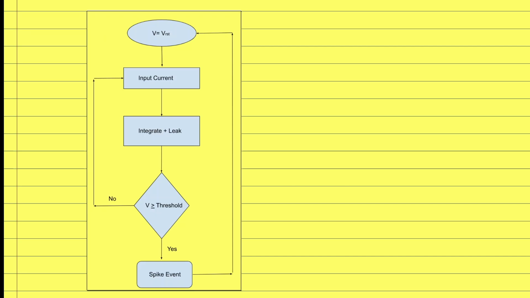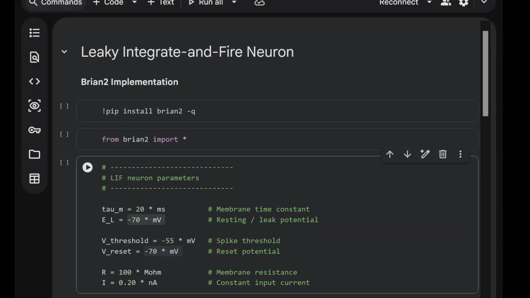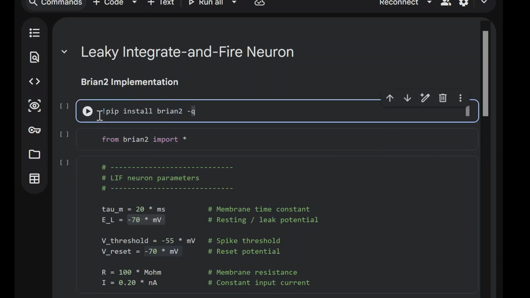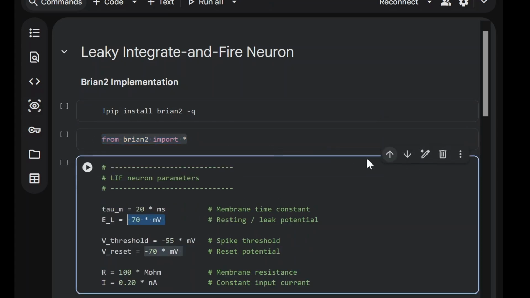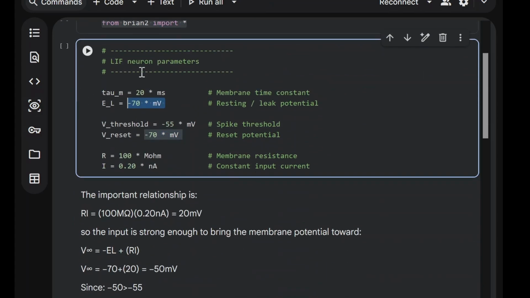Now let's implement exactly this model in code. I'm using Colab here. I'm using a framework called Brian2. We'll talk about Brian2 in later videos. So here I installed Brian2, imported everything from Brian2, and then we are setting our parameters.